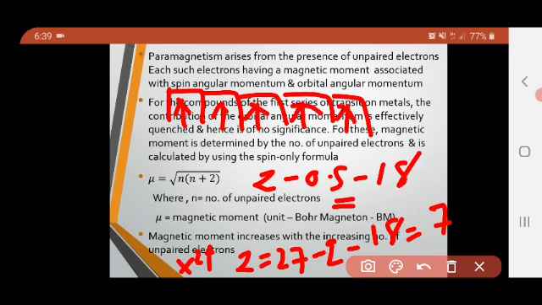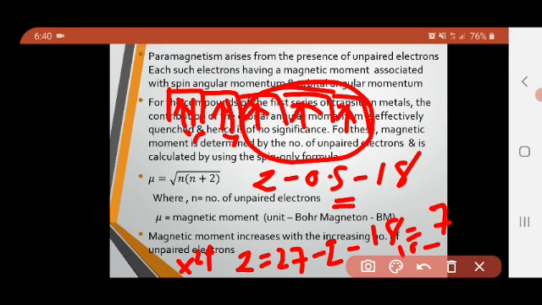Right? So 6 and 7 will pair. So how many unpaired electrons are there? Only 3. So if the number is greater than 5, then we have to calculate 10 minus that number of electrons, and you will get the exact number of unpaired electrons.